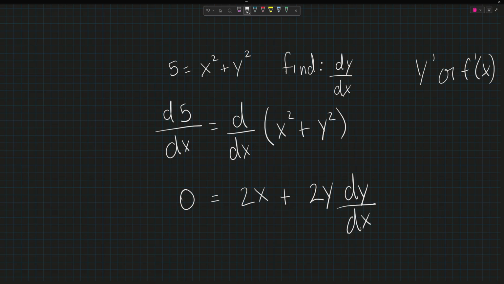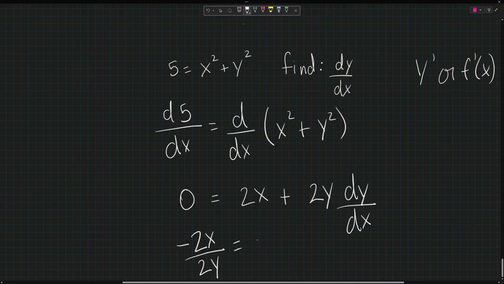You add that small bit over there, and that's your dy over dx and how it comes up. Now, this 2x goes here and you divide by 2y, so negative 2x over 2y equals dy over dx. And that's how you find dy over dx.